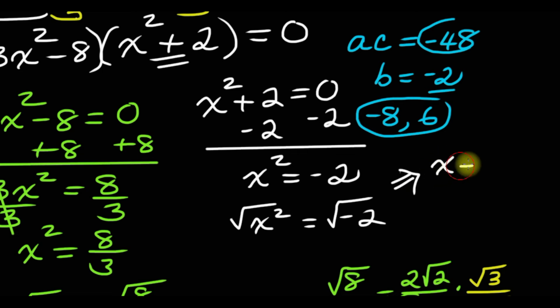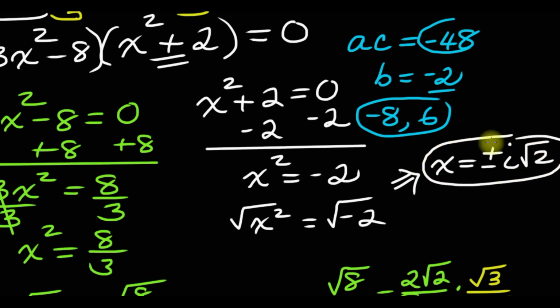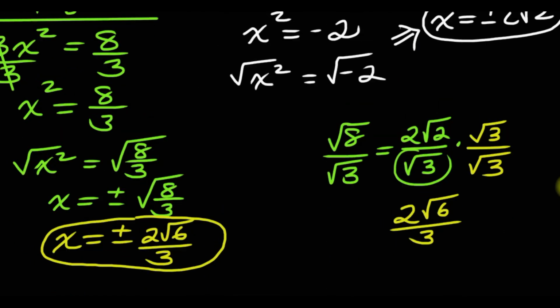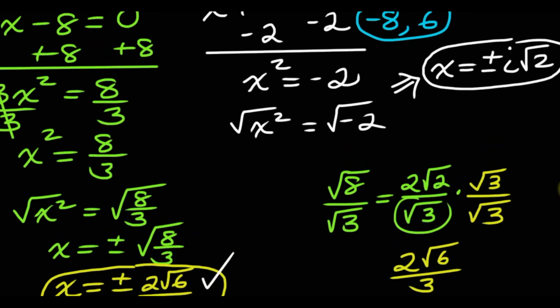So x is going to be plus or minus i square root of 2. So these are the other two roots. Okay, so you have two real roots. So these are the real roots. And then two complex roots because of the i.